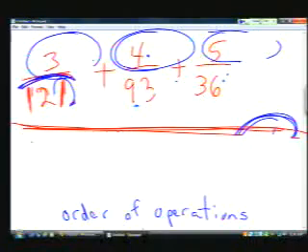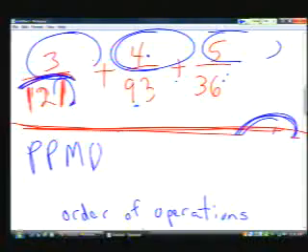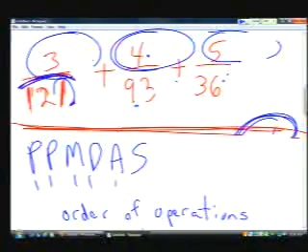All right, here's the order of operations. Pretty please, my dear Aunt Sally, or if you like this, pepperoni pizza makes Dad awfully sick. Either one of those, doesn't matter.